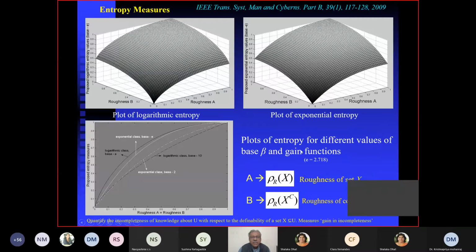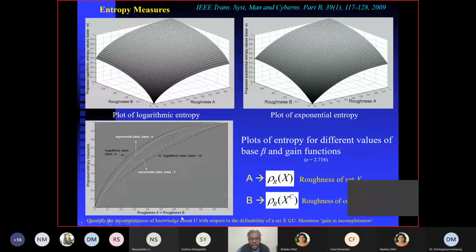Now let's see the entropy measure if you plot it. Logarithmic entropy, exponential entropy. If you look at the roughness of A, that means the roughness of set X and its complement set. If we take a cross section, that means roughness of A equal to P, you see we get this plot.